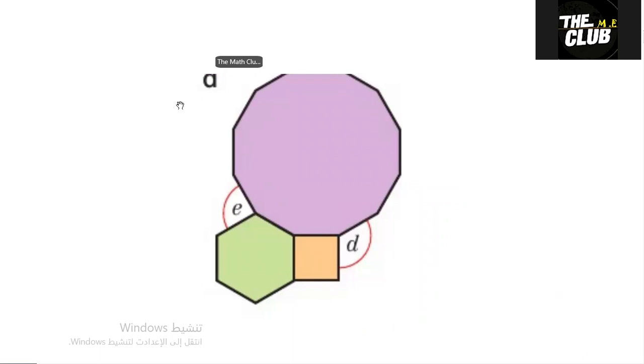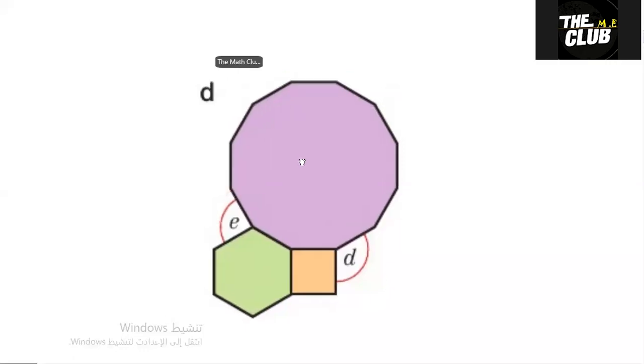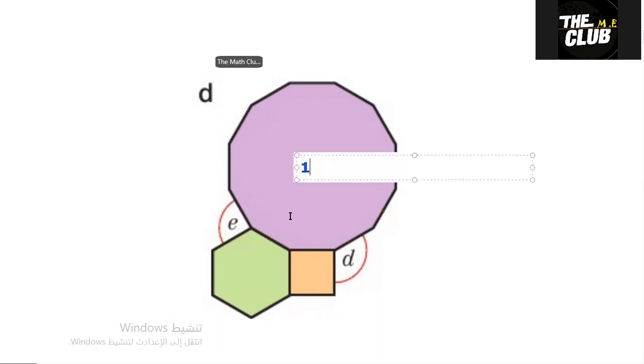First, let's count the number of sides for this shape. 1, 2, 3, 4, 5, 6, 7, 8, 9, 10, 11, 12. So it has 12 sides. I'm going to write 12 in the middle, so I won't forget it.